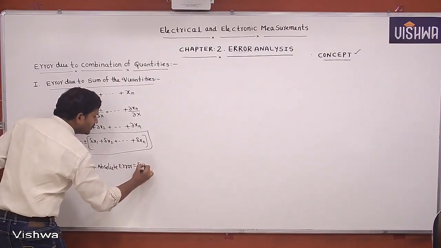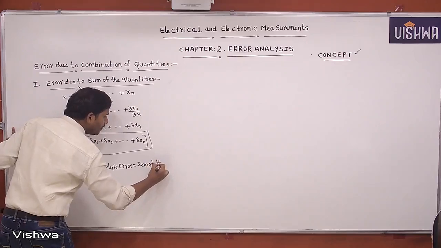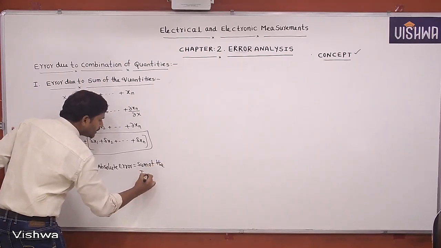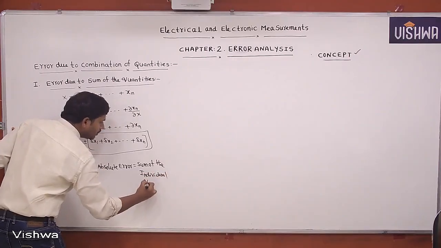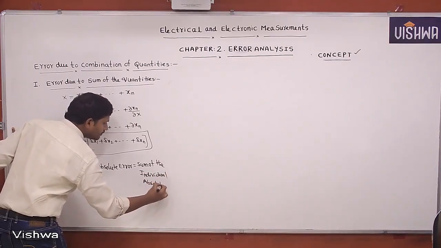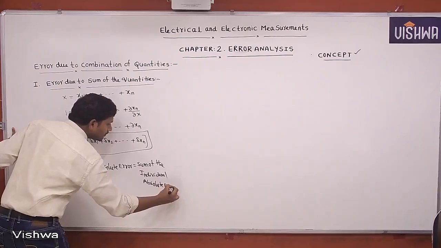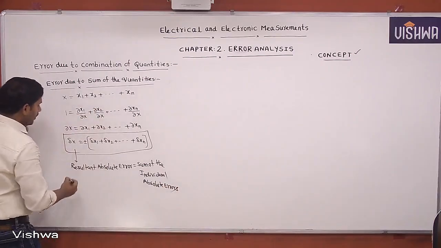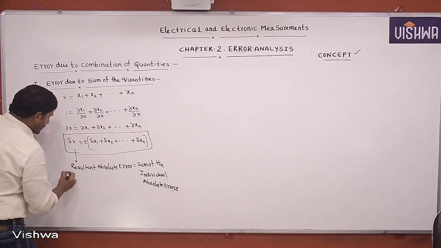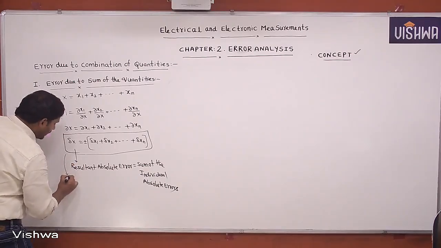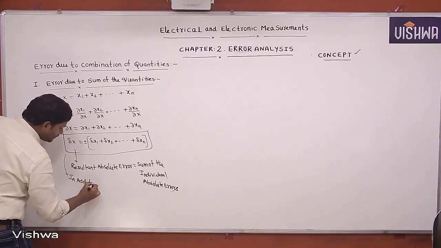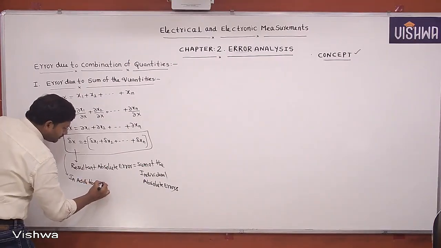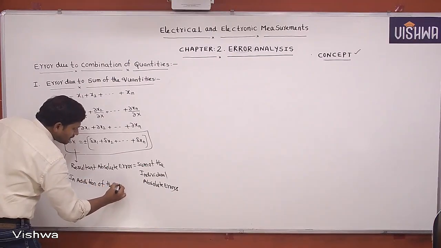In addition of quantities, which errors are added directly?